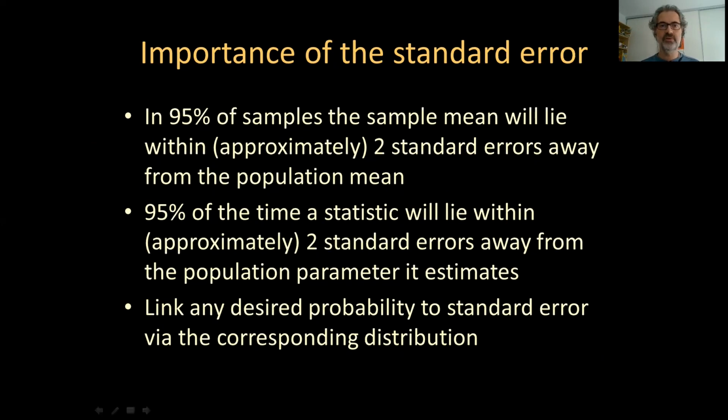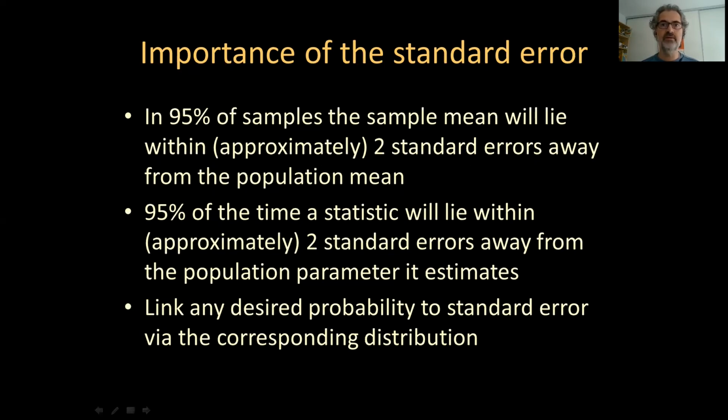Of course, you don't know if you have drawn a sample that is in that 95% or in the other 5%, but you can calculate the standard error and give an interval or range of values where you expect the population mean to be, and then you'll be correct 95% of the time.